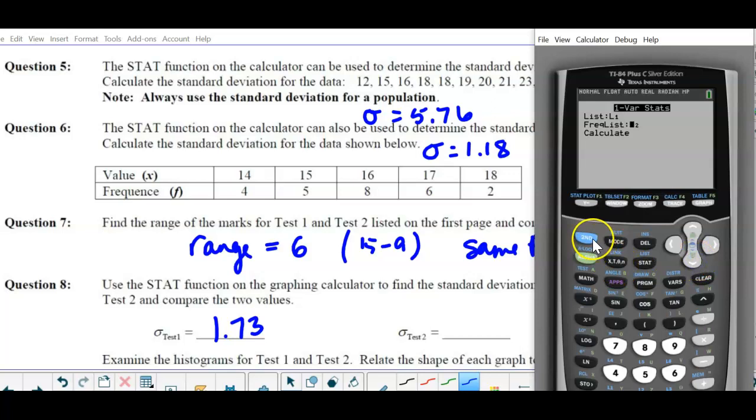And that's 1.01. So the second test has a smaller standard deviation.